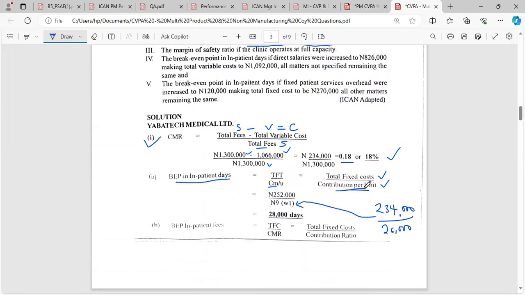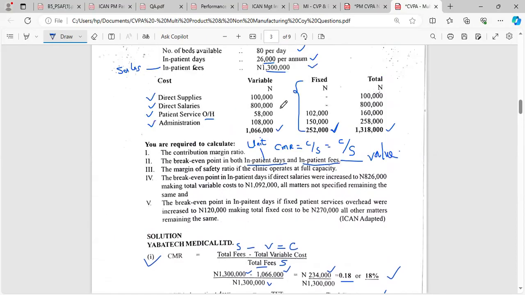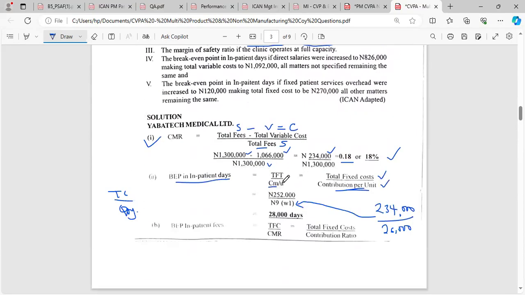So this contribution per unit is simply total contribution of 234,000, where we say sales minus variable cost, divided by inpatient days. Normally, to get contribution per unit, we would say total contribution divided by quantity. It is this quantity, the inpatient days we saw in this question as 26,000 per annum. When you divide, you get 9 naira.